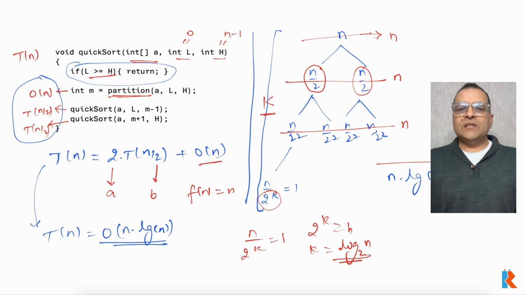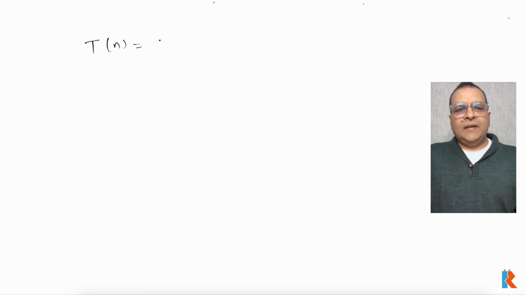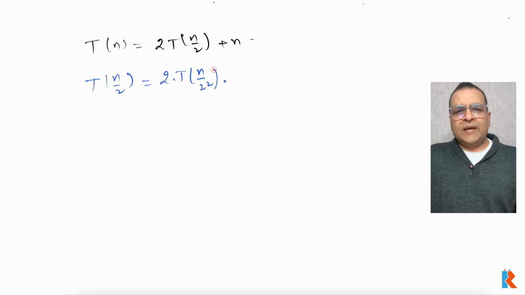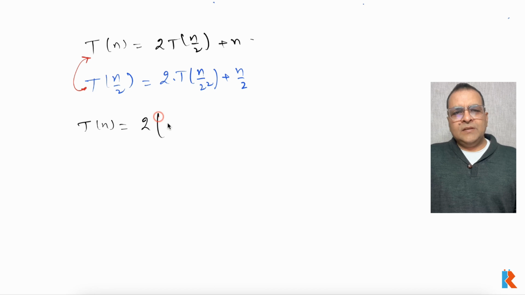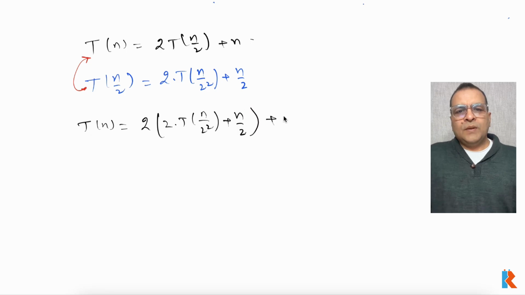Now let's solve it using the substitution method. T(n) is 2 times T(n/2) plus n. Then T(n/2) will be 2 times T(n/2 square) plus n by 2. Now if you substitute this blue equation in the black equation, then we will get T(n) is equal to 2 times 2T(n/2 square) plus n by 2, plus n.